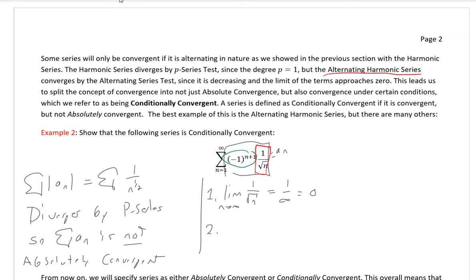And the second, we just need to show decreasing. And we can do that because 1 over root of n plus 1 is less than 1 over root n. The denominator is slightly larger all the time, so this is always going to be true. So it converges by the alternating series test.